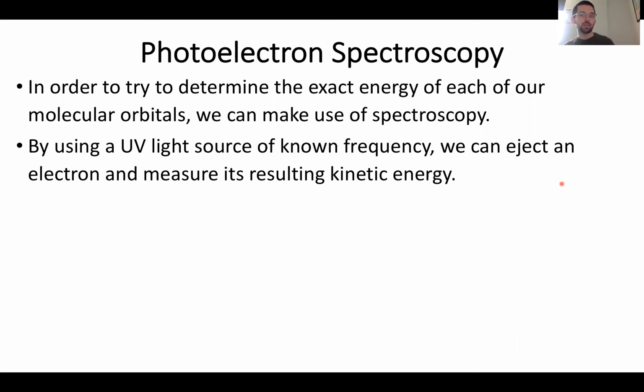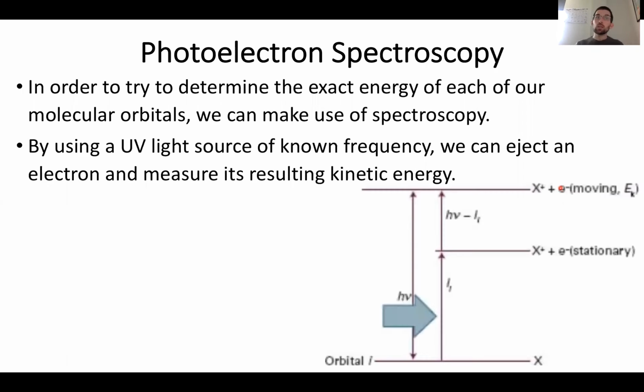And by measuring the exact amount of kinetic energy, or the velocity of this electron, when it gets knocked loose, I can use this to figure out exactly how tightly it was bound. So this is essentially the molecular orbital version of the photoelectric effect, with most of the same math.